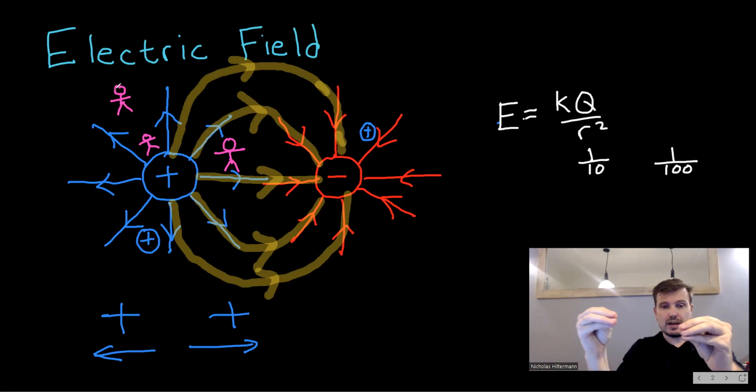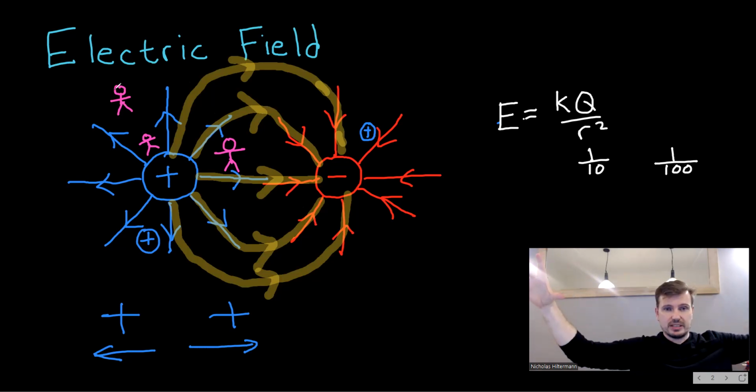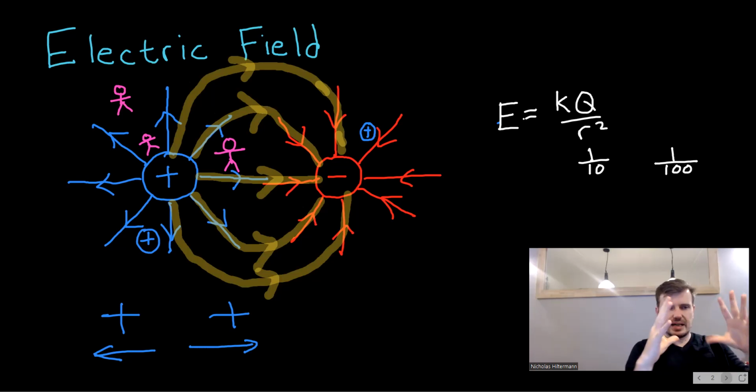As I get further away, that magnetic field strength gets smaller, just like this electric field gets smaller as you go away from the center. So I'm not going to go into this equation. k is a constant, r is the distance, Q is just the size of the charge. But the main thing is that it's getting smaller as you go further away, and that's represented by those field lines. So whenever we look at field lines, the more field lines in a space, the stronger the electric field.